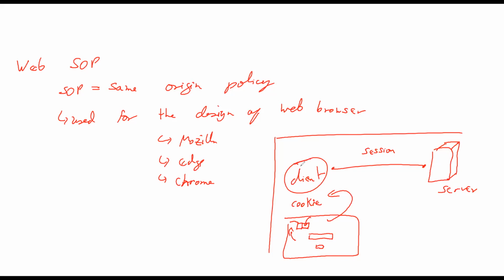A browser that didn't do that would be a pretty insecure browser, and you should not use it. All right, so that's the basic idea, and that falls under the term Web SOP, or same origin policy, and that's the topic for today.